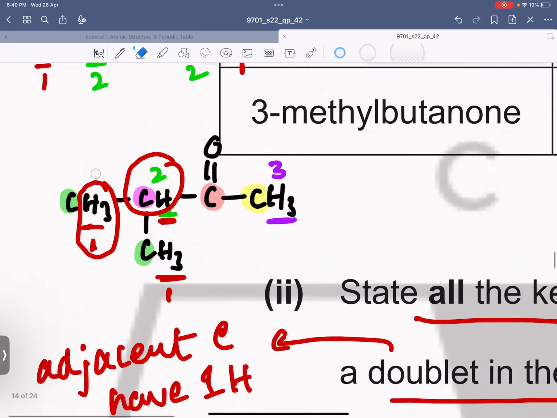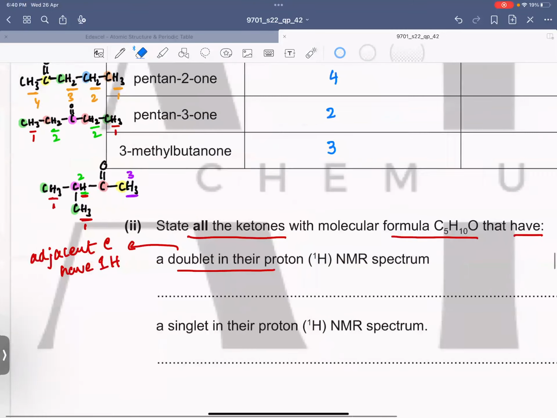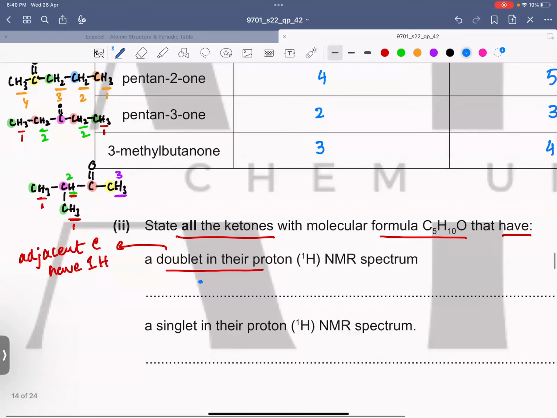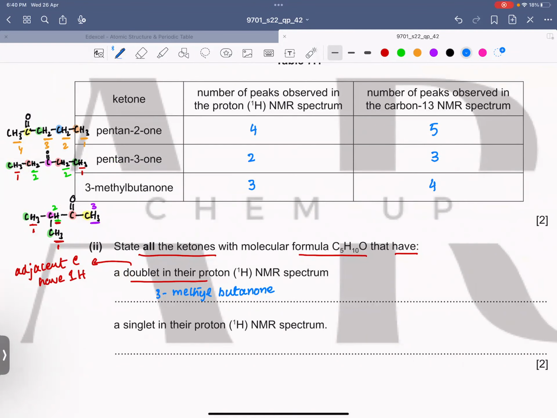So I would write over here 3-methylbutanone; its proton NMR spectrum would show a signal as a doublet. And the rest of the two, pentan-3-one and pentan-2-one, are not going to show a doublet in their spectrum because there is no CH group in those two compounds.